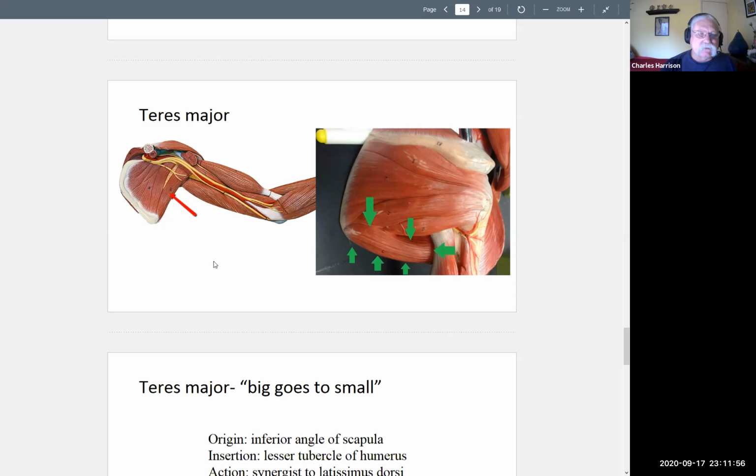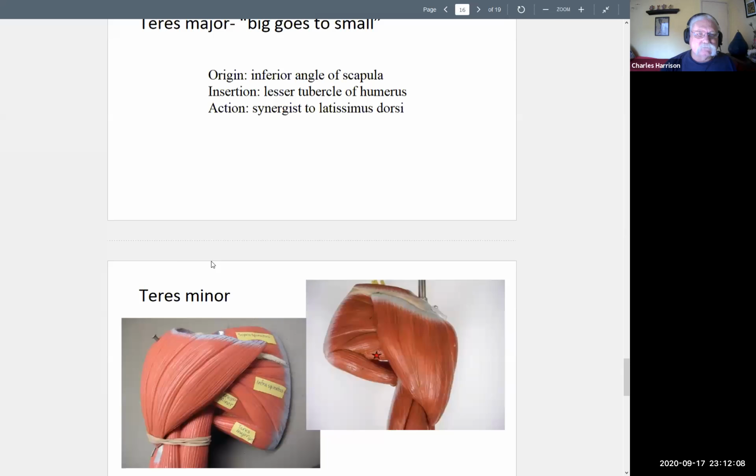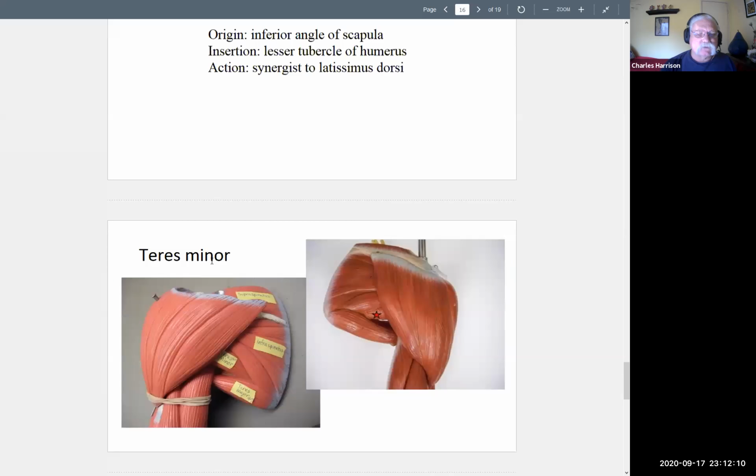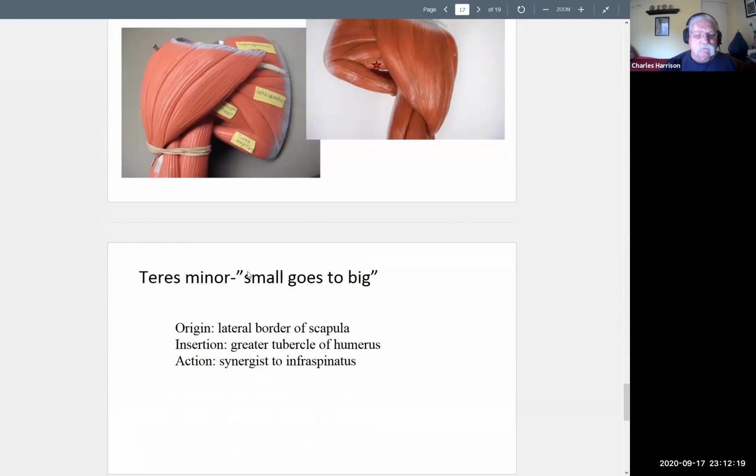I'm not asking you to tackle anything we haven't done yet. We have only done muscles 1 through 12. So teres major and minor, it's nice to see them labeled, but you'll be using them later.